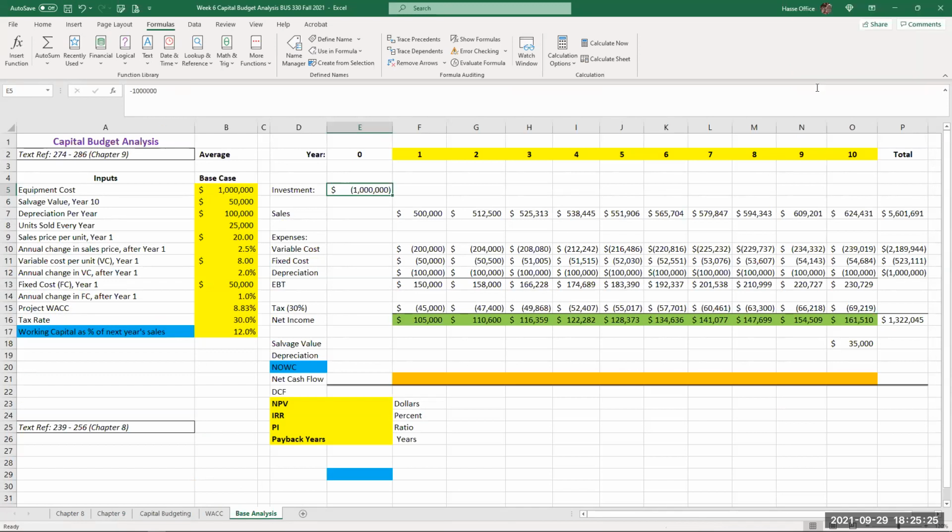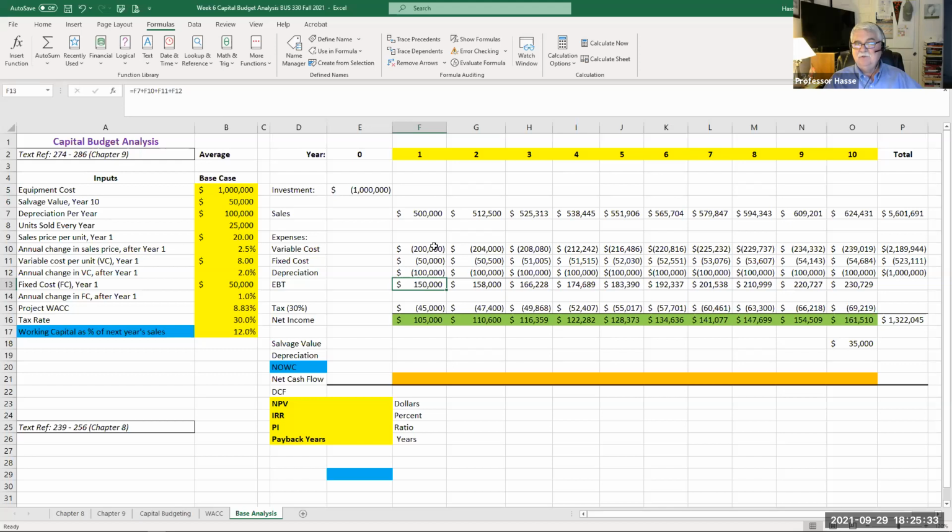Can I see the EBT formula again? Sure. Remember, these are all negative numbers. So I'm taking sales plus this, plus this, plus this, which is basically minus that, and I get 150,000. F7 plus F10, 11, and 12 to get 150,000.